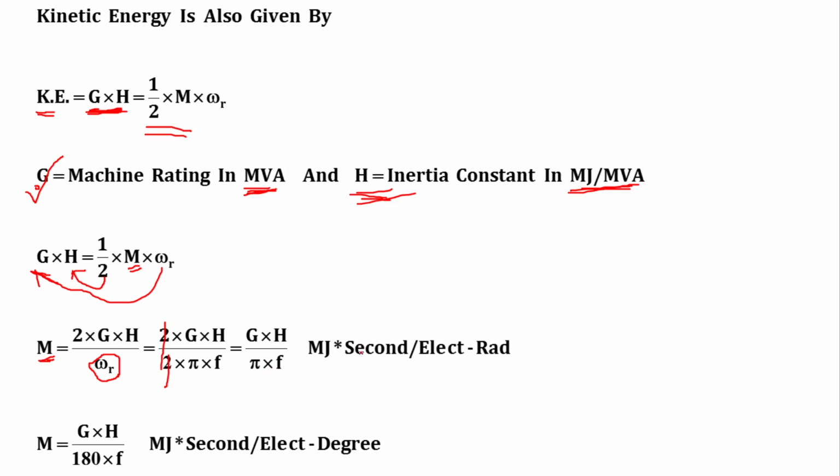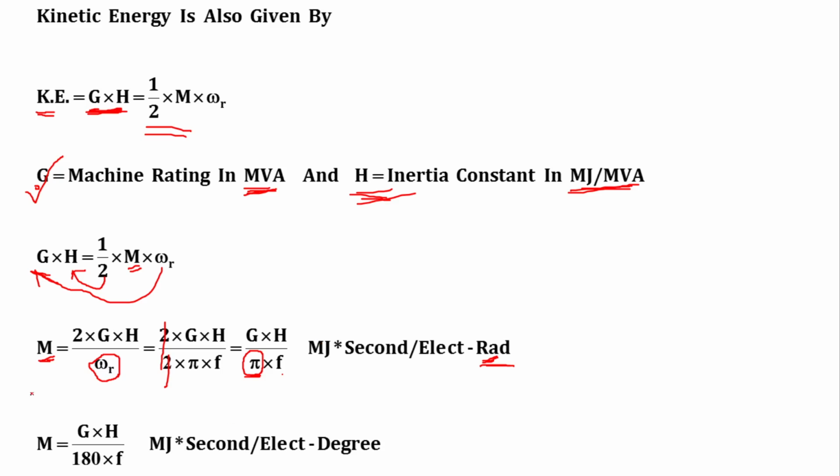Its unit is megajoule second per electrical radian. This is the unit in radians. If I want to convert this unit into degrees, then I can replace pi by 180. This pi denotes the radian unit, and to convert it into degrees I have to replace pi by 180.